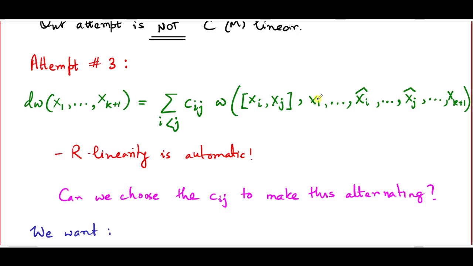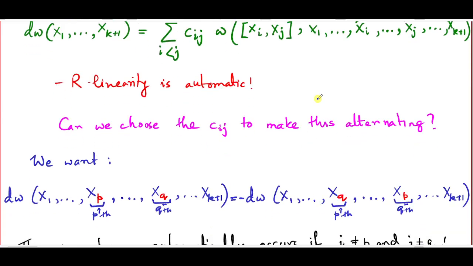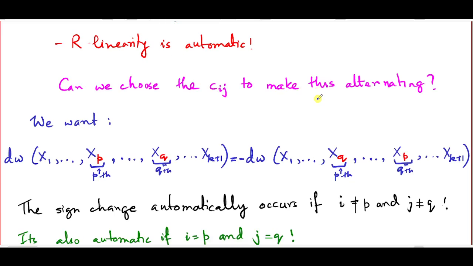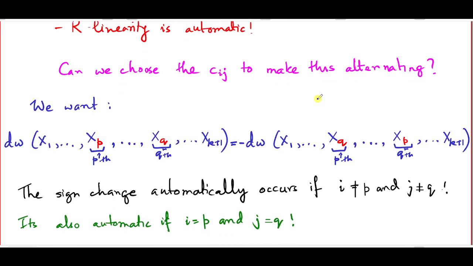The terms which will be more difficult to handle, and also the terms which will actually tell us what specific Cij's can be chosen, are the terms in which one of Xp or Xq, but not both, sit inside the Lie bracket.